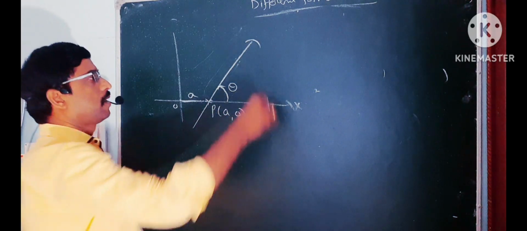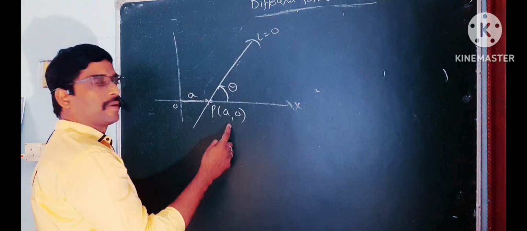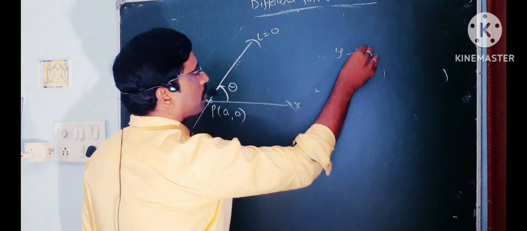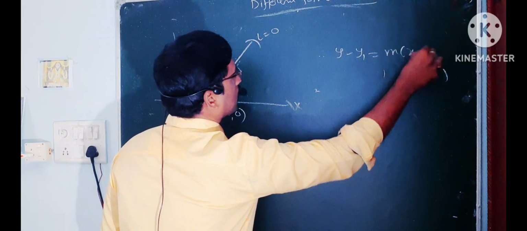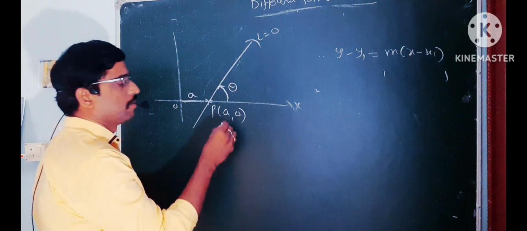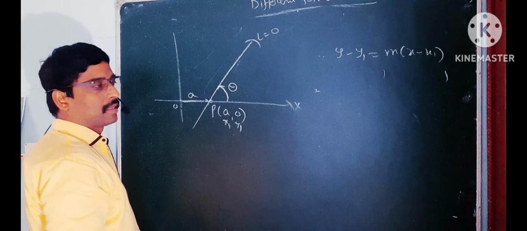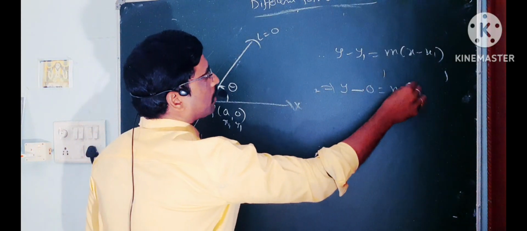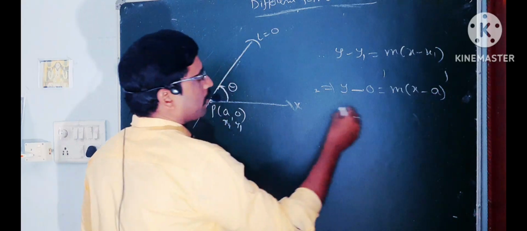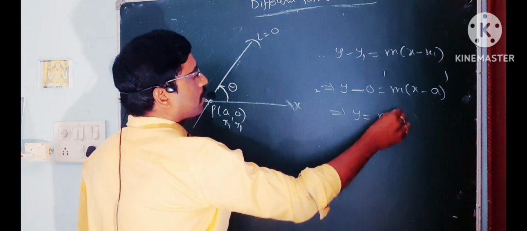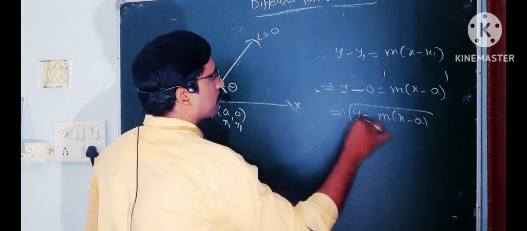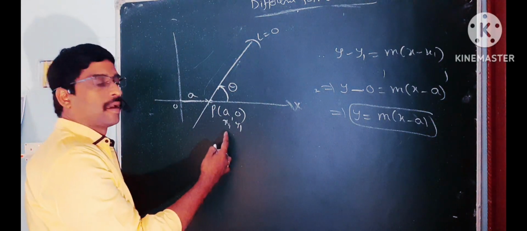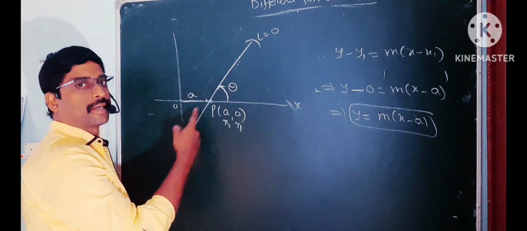The equation of line having point slope form: y minus y1 is equal to m into x minus x1. But x1, y1 value how much here? (a, 0). What we get here? Y minus 0 is equal to m into x minus a. So finally we get y is equal to m into x minus a. This is the equation of line having slope and x-intercept form.